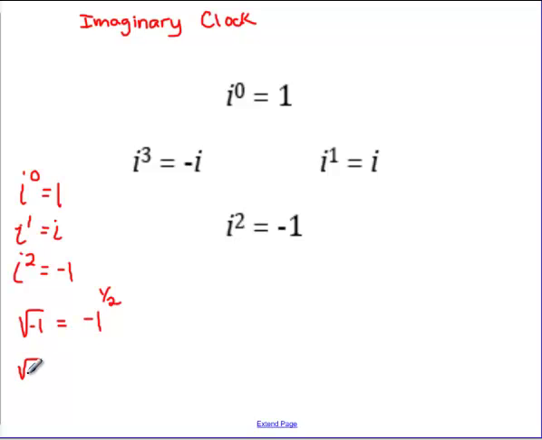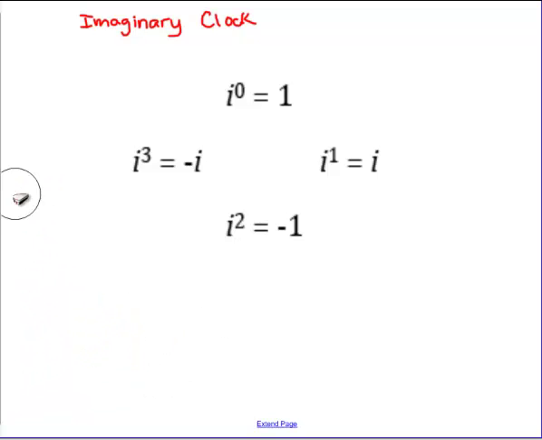So if I take the square root of -1 and times it by the square root of -1, Gauss said that's -1 raised to the 1/2 power times -1 raised to the 1/2 power. And if you remember, when you multiply, you add powers together. So that is -1 to the 1/2 plus 1/2, which is 1. So i squared is -1. Now, you don't have to remember all this fancy math behind this, but you do have to remember this clock.